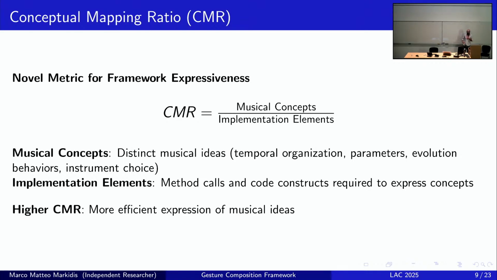By musical concept, I mean every distinct musical idea a composer can insert in a gesture. And the implementation element is how many methods, code, constraints, or whatever the composer should implement to have that given gesture. And the result is that a higher CMR is a more efficient expression of a musical idea.